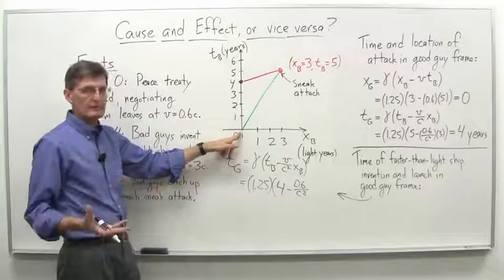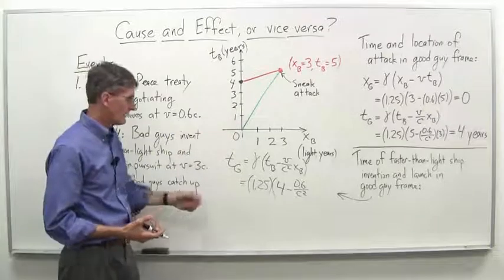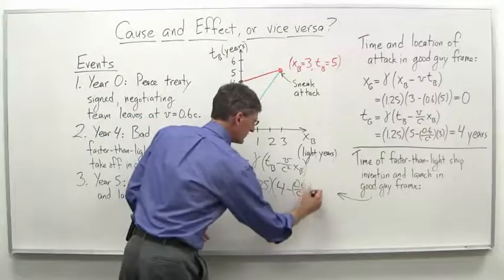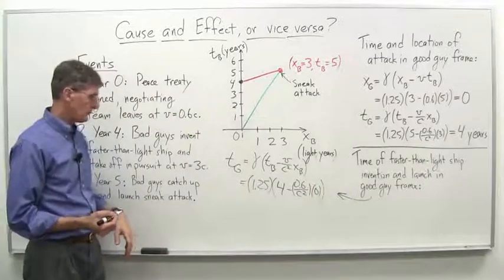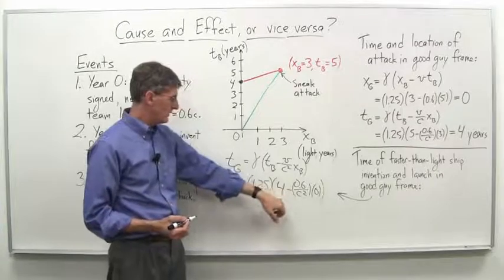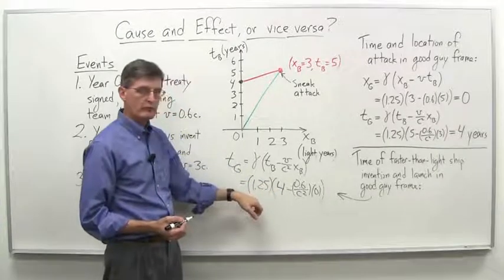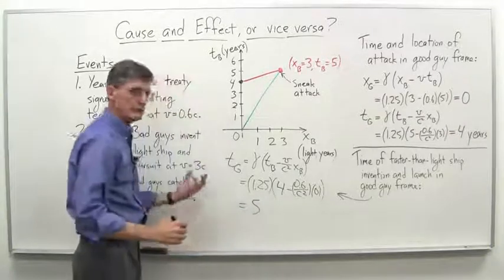It's on their home planet, so that's the 0 point in their coordinate system. So the second term is just times 0. That whole second term disappears, and I'm just left with 4 in the middle here. It's 4 minus 0. And 4 times 1.25 is 5, and our units are years.